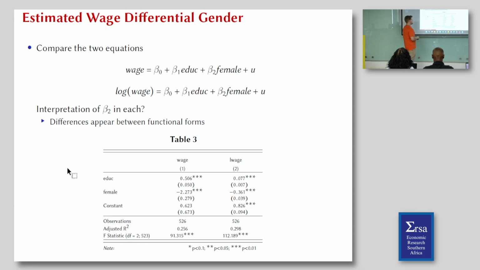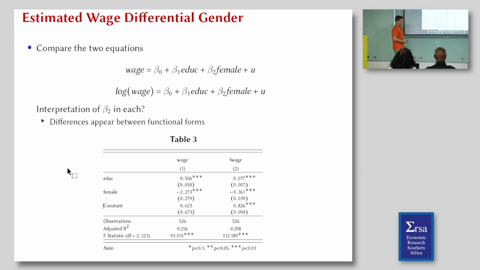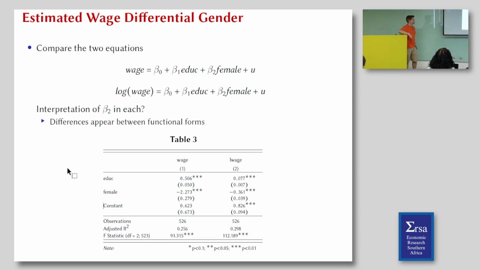This is for females, and because it's a semi-elasticity, it is roughly 36%, no, I'm sorry, after you exponentiate, it should be like a 32% decrease, the difference in wages between males and females.